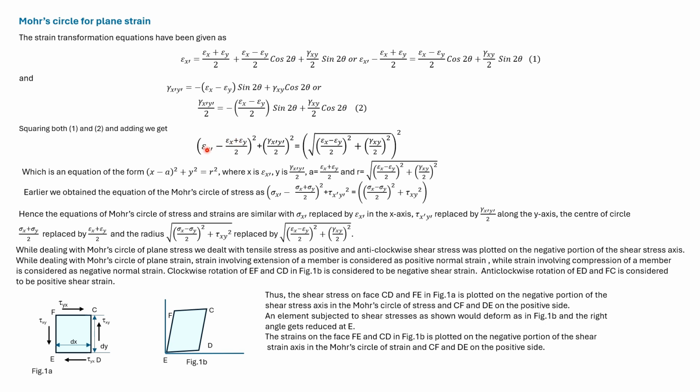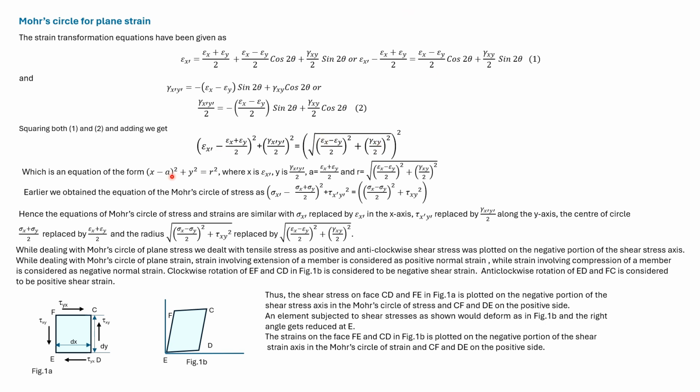Then, as earlier, we get this expression. Here, epsilon x dash and gamma x dash y dash divided by 2 are unknowns. Epsilon x, epsilon y, and gamma xy are knowns.